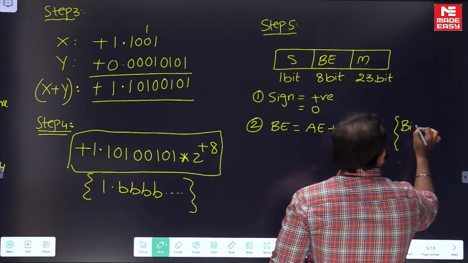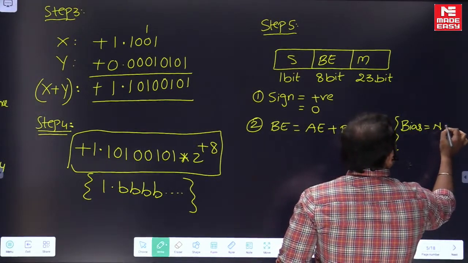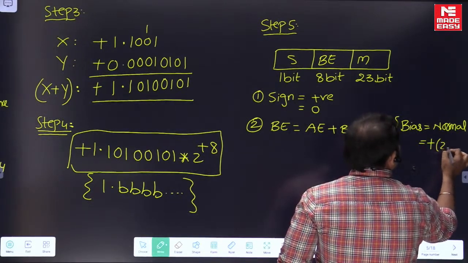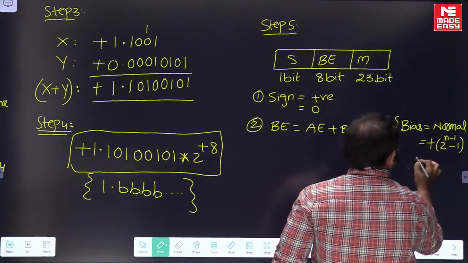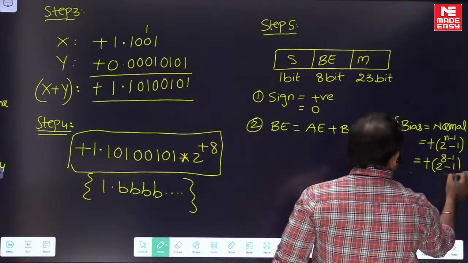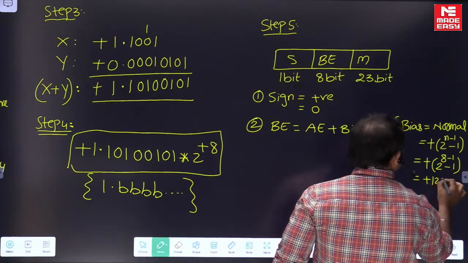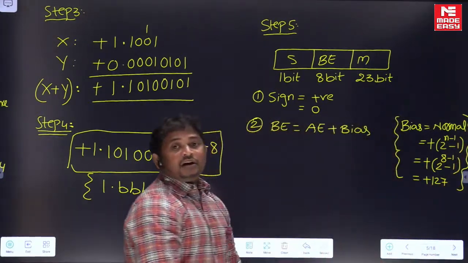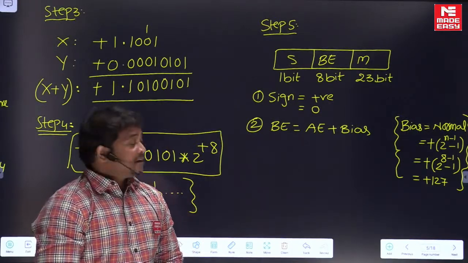Bias is normal bias or excess bias. By default, IEEE bias is normal. Normal bias means plus 2 power n minus 1 minus 1. So n value is 8: 2 power 8 minus 1 minus 1, that is plus 127. Bias of the IEEE 32-bit format is plus 127.